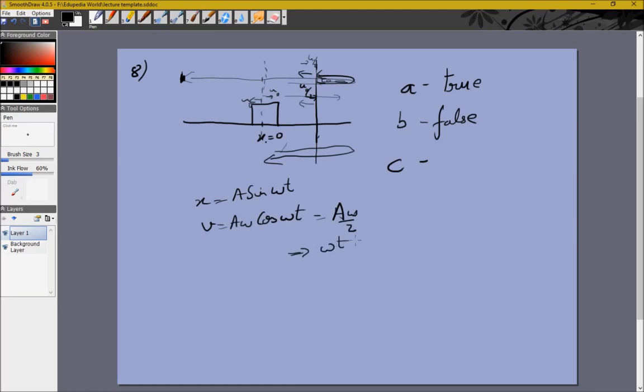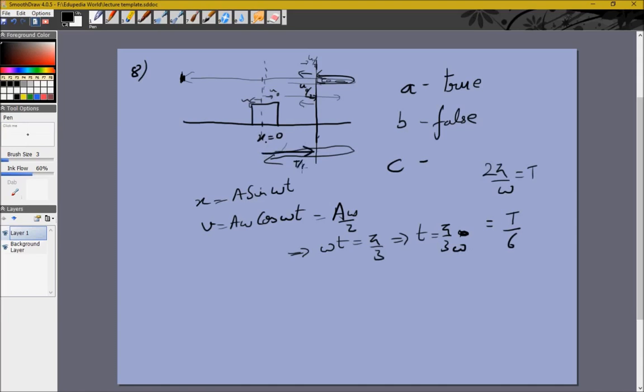When omega t is equal to pi by 3, or t is equal to pi by 3 omega. And since 2 pi by omega is the total time period T, omega is equal to 2 pi by T, so this is equal to T by 6.